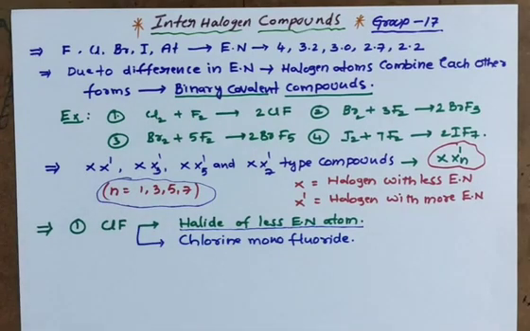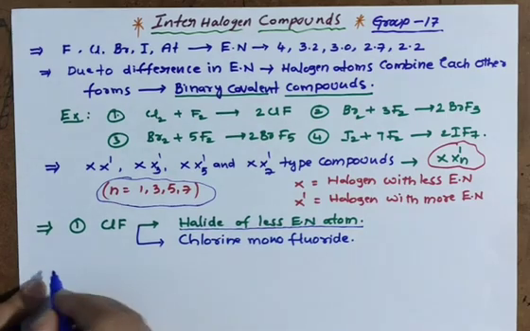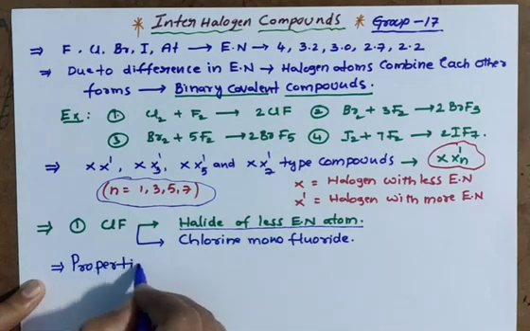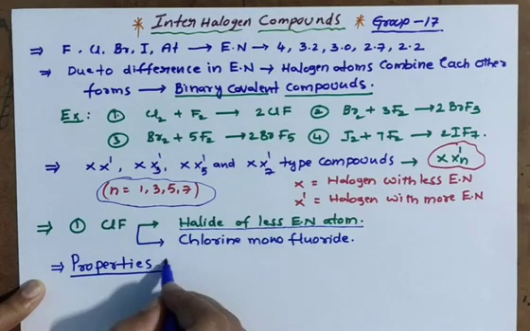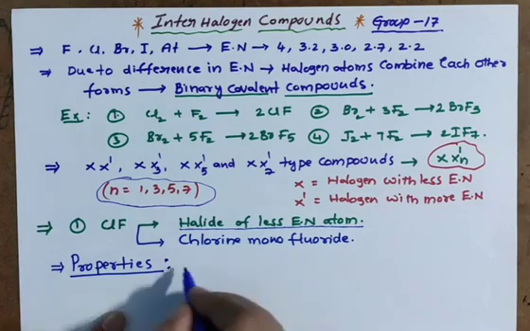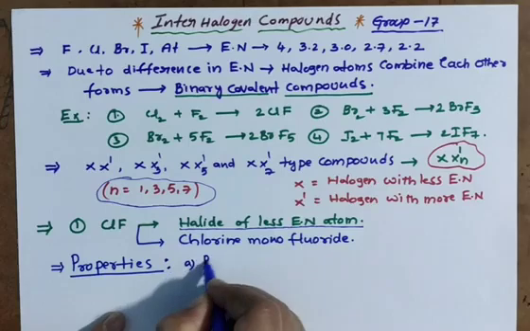This is the preparation. Now the properties. Properties of interhalogen compounds are very important for competitive exams. Here I am giving a few important properties. First I am taking physical state.